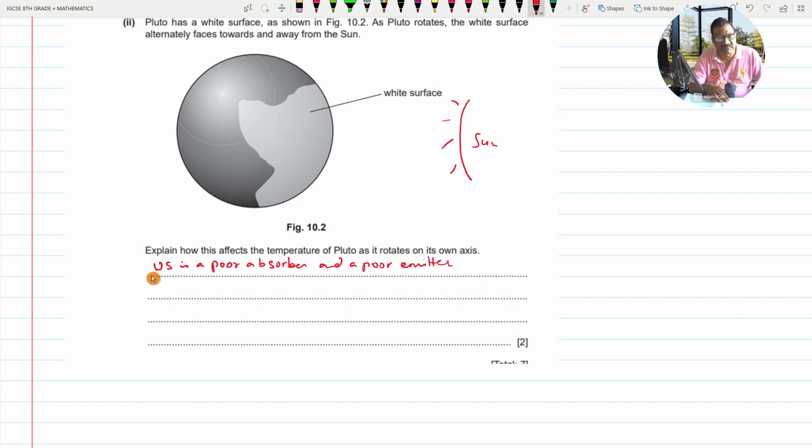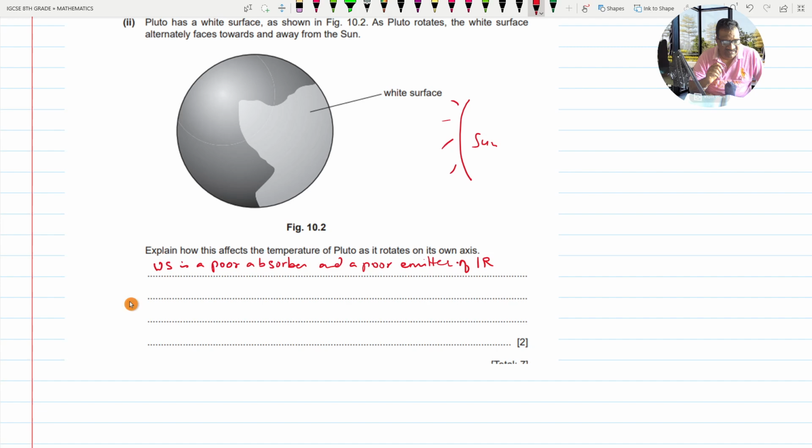Okay, so that's the first point we will write. White surface is a poor absorber and poor emitter. Okay, the temperature depends upon how much radiation from the sun is absorbed by a body. So white surface being a poor absorber and a poor emitter of infrared radiation, the temperature will depend upon this particular concept. Okay, because it is a poor absorber, what will happen now?